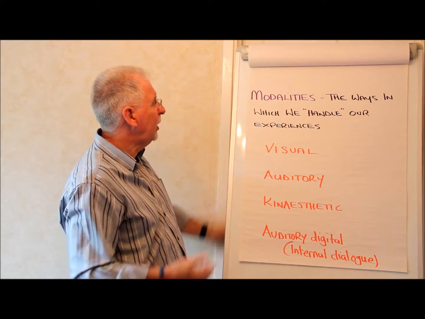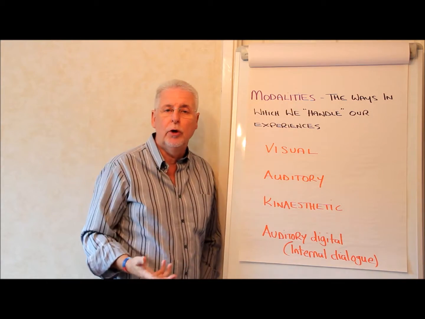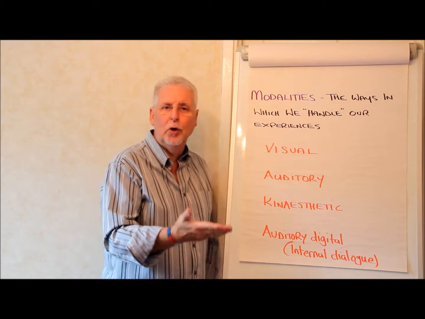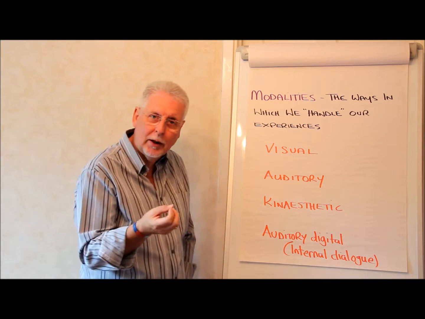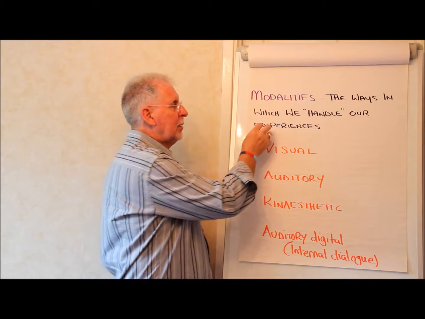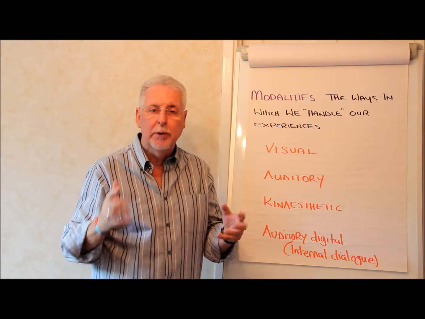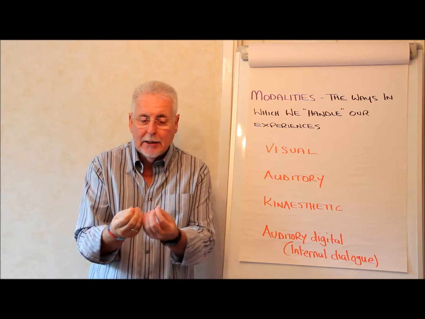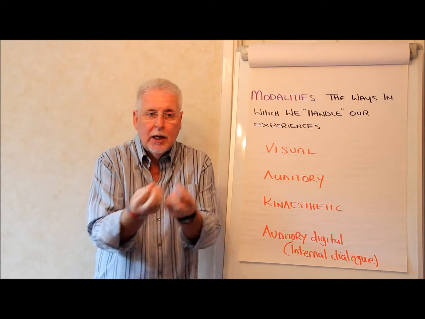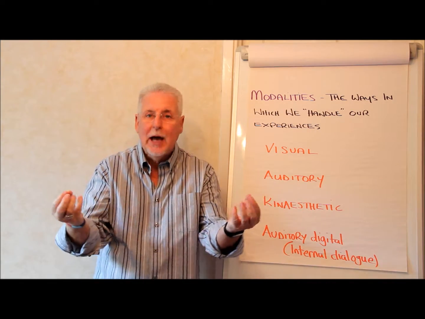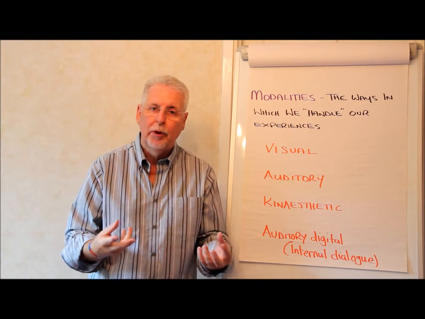Before we do that, I want to introduce you to a new word. Many new words on this journey of NLP, and this one is modalities. The modalities are the way in which we handle our experience. In other words, the modalities are those areas in which we take in, process and output information.